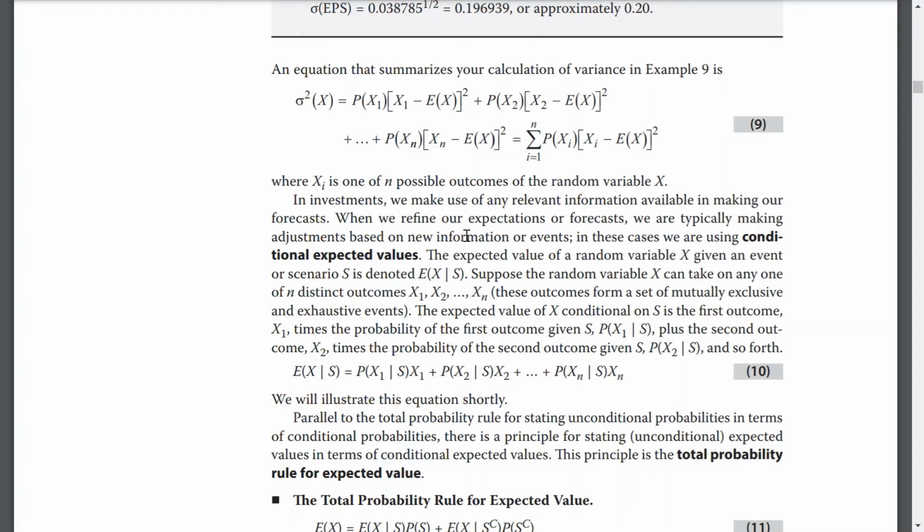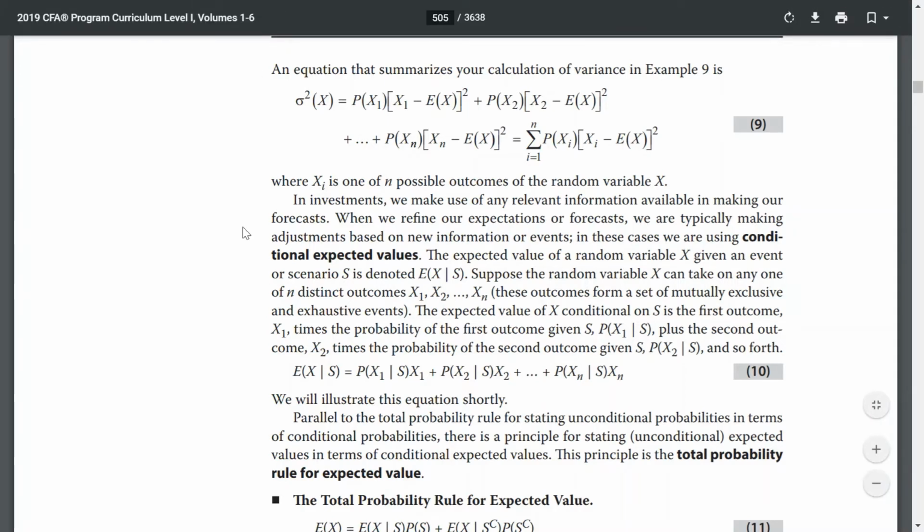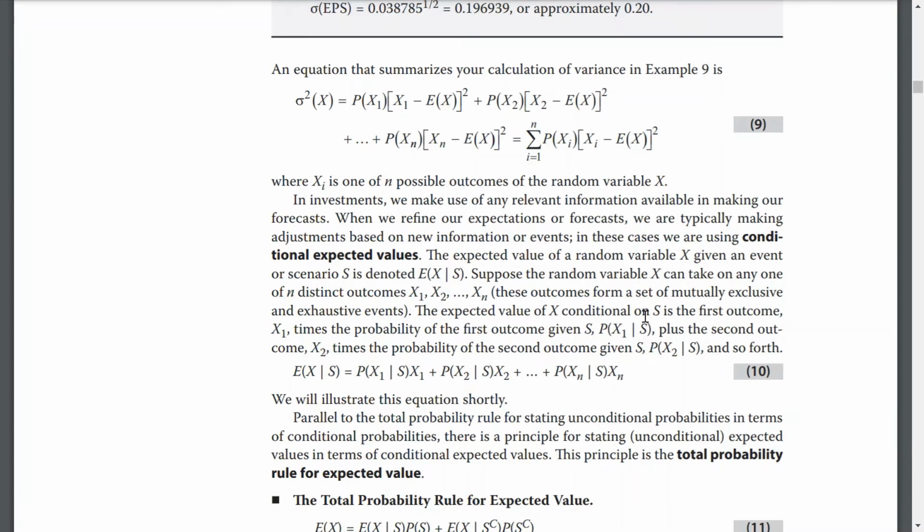In investments, we make use of any relevant information available in making our forecasts. When we refine our expectations or forecasts, we are typically making adjustments based on new information or events. In this case, we are using conditional expected returns.